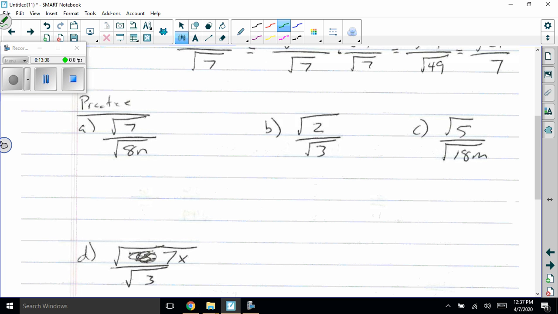So when that happens, if you end up with a radical or radicand in the denominator, you have to do something special. And that's going to be this right here. You have to multiply by this exact same thing on both the top and the bottom. Here's why.